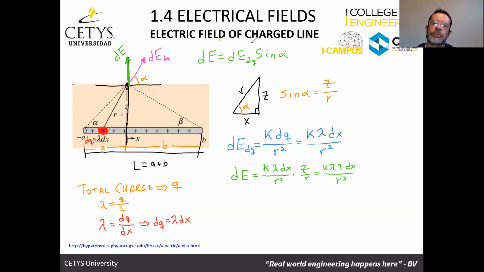What would I have to do? Let's remember your integral calculus. What would I have to do to find the electrical field of all of the line? If I already have an expression for that point in the line, what would I have to do? Anybody?